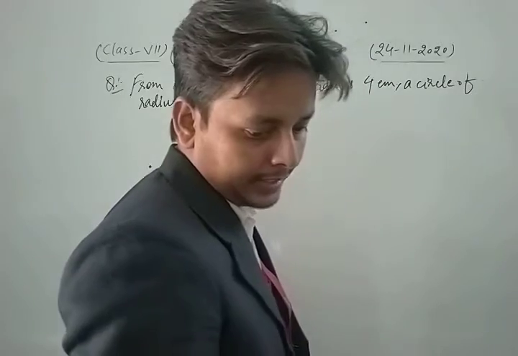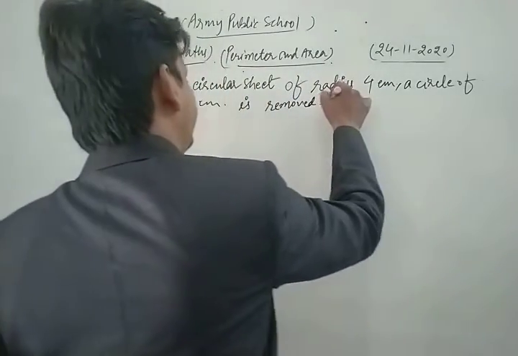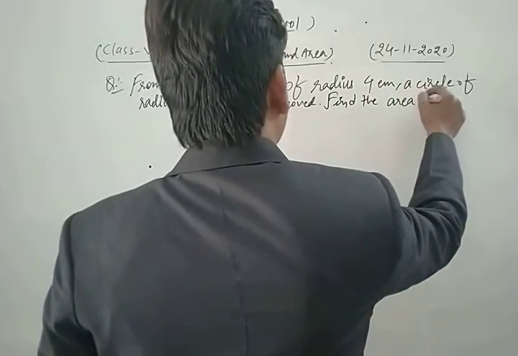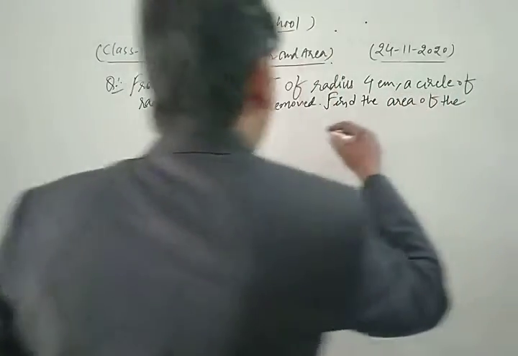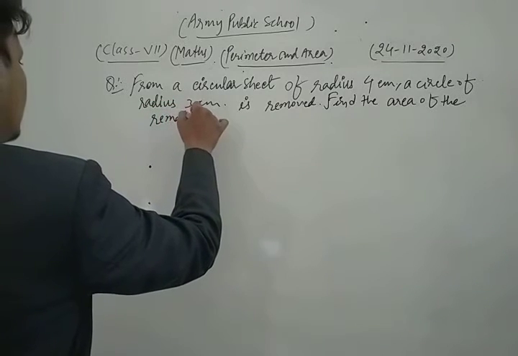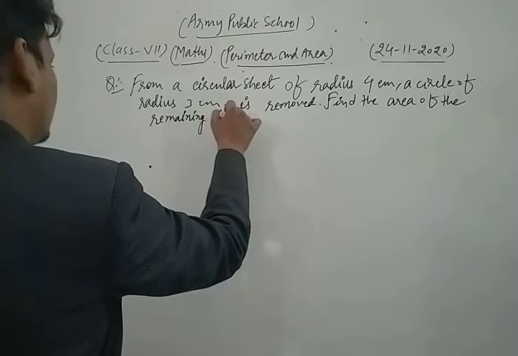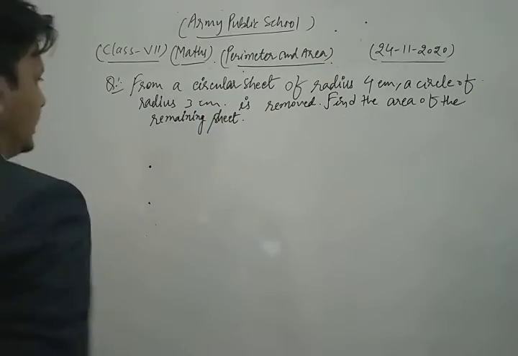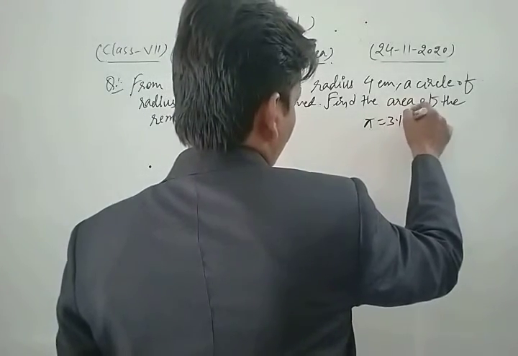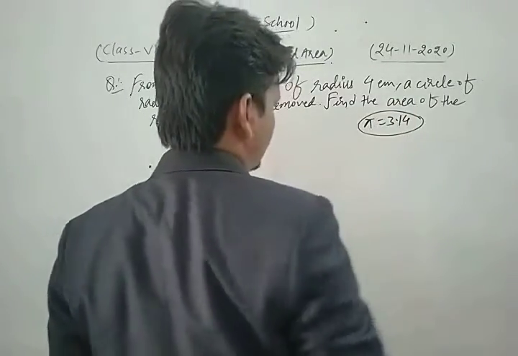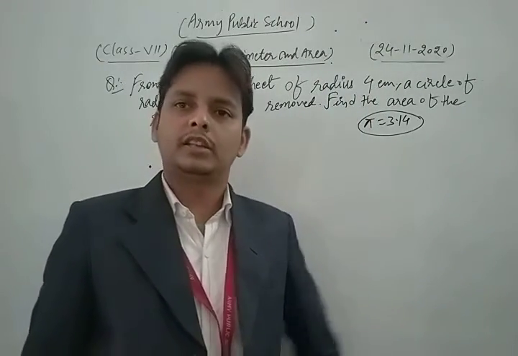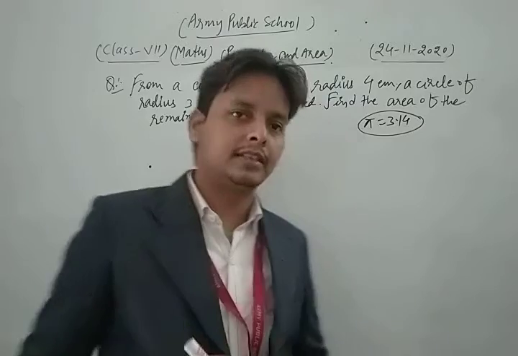Okay, find the area of the remaining sheet, and the value of pi is 3.14. Okay, this is the question here. This is also a very important question based on the circle. Let's see its solution.